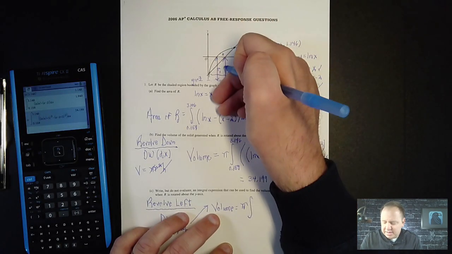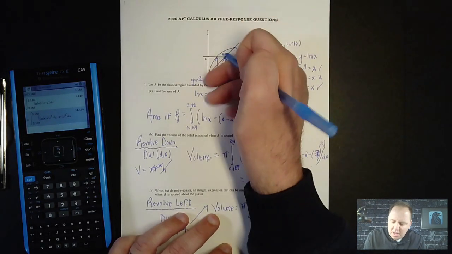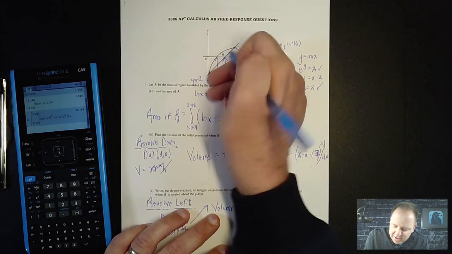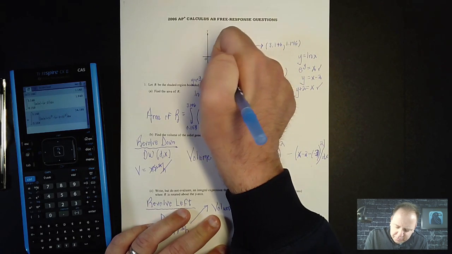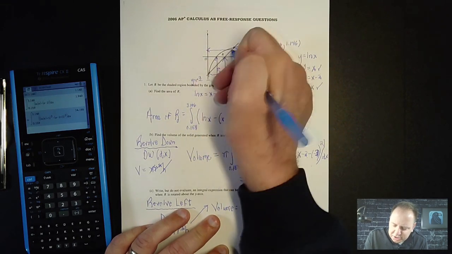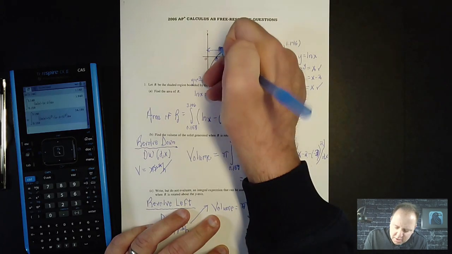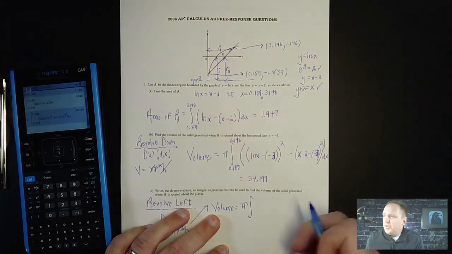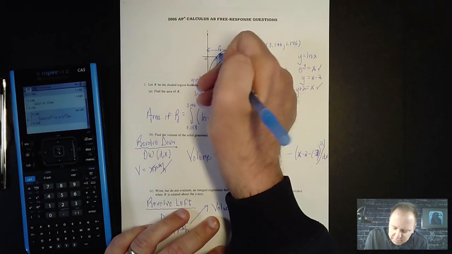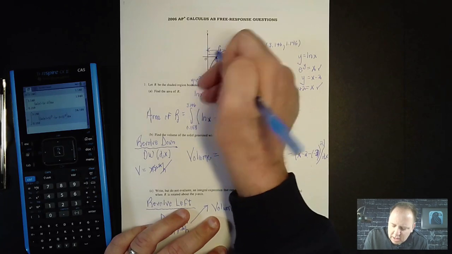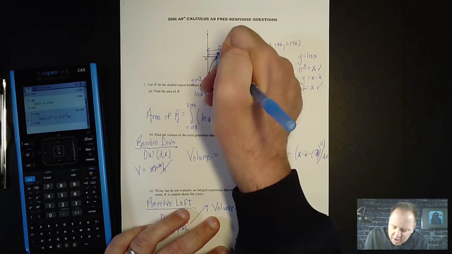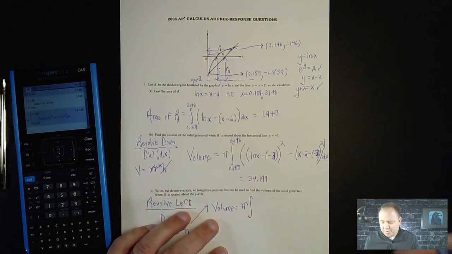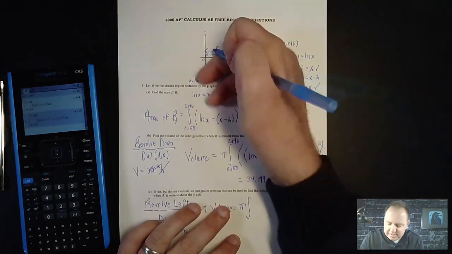All right, so I have everything I need. Instead of going top minus bottom for my radii, I need to go right minus left. Now watch me here. If I'm going to do the disk and washer, my first radius is going to be here, all the way from the right, all the way to my axis of revolution, remember, because we're revolving this thing around the y-axis.